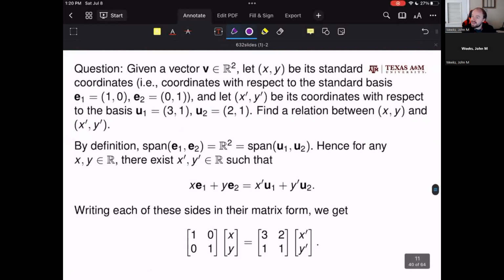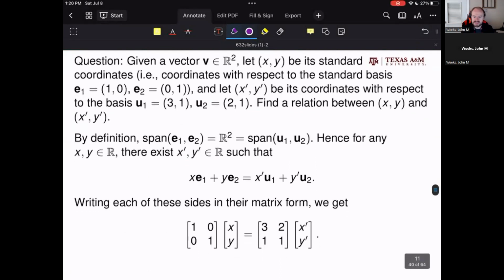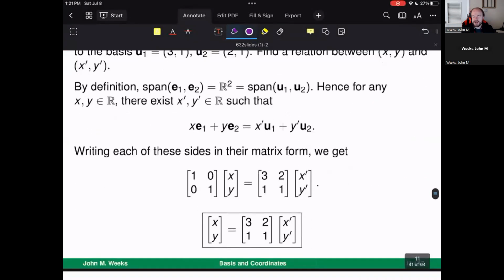Now we can write both of these in terms of their matrix equations. You can see how these things get written in matrix form. Notice that the columns for e1 and e2, when put together, just form the identity matrix, 1, 0, 0, 1. But we have our transition matrix over here on the right-hand side. So if we say the identity matrix times any vector equals itself, then we get the linear relation that we're looking for.